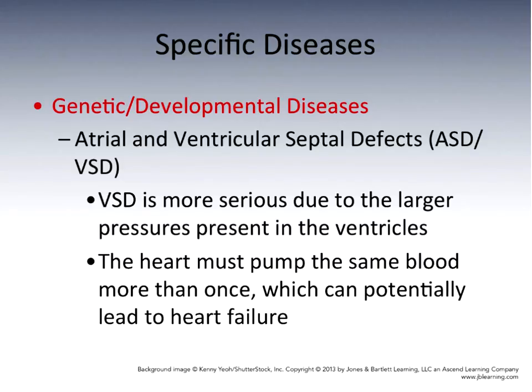Here, atrial and ventricular septal defects, ASD or VSD. Those are potentially more serious, and why they are, they should not be defects, right? When there are windows, so-called, in the heart in the embryo, when the fetus is growing, that is absolutely normal.